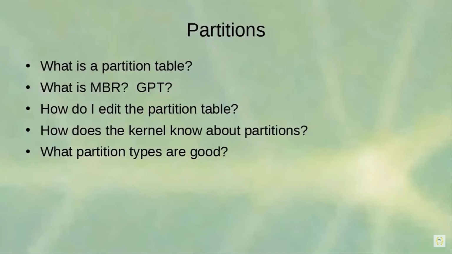GPT is an acronym that contains an acronym. The G is GUID, which is globally unique identifiers, and PT is partition table. So, GUID partition table. MBR was written with the idea that machines would only go to 32 bits.